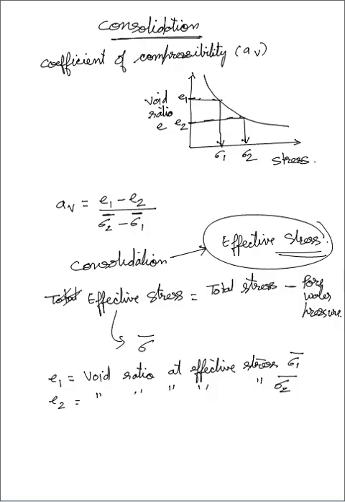Now in the last video I explained one formula, that is delta V upon V0 is equal to delta H upon H0 is equal to delta e upon 1 plus e0.